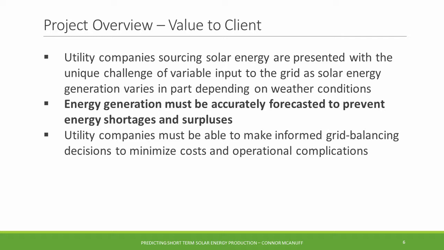The shortages and surpluses are costly for utilities companies as they may result in making emergency energy purchases from another company or having wasted energy. Therefore, utility companies must be able to make informed grid balancing decisions to minimize costs and operations complications. The more accurately the energy produced from a solar PV array can be predicted, the more efficient the utility company's operations.